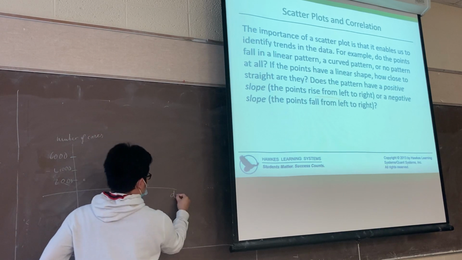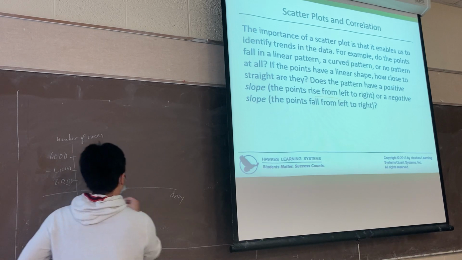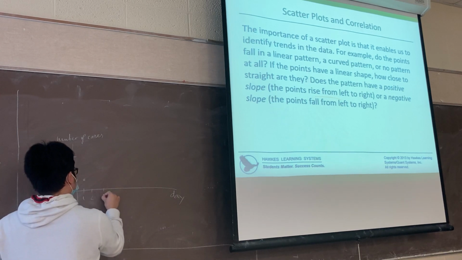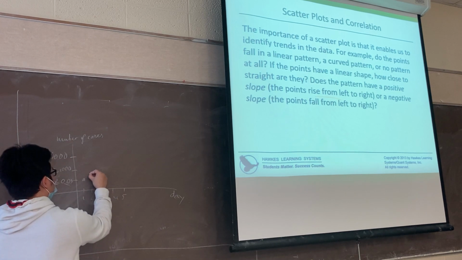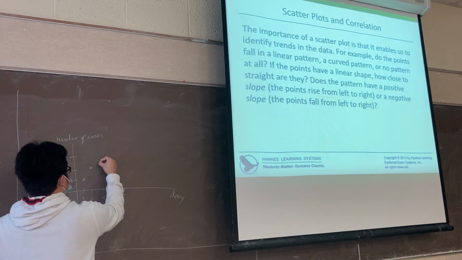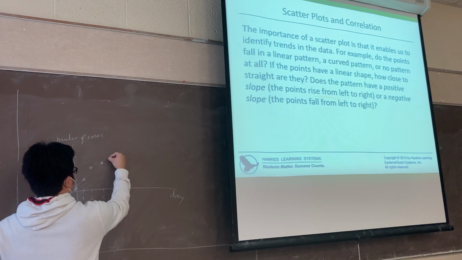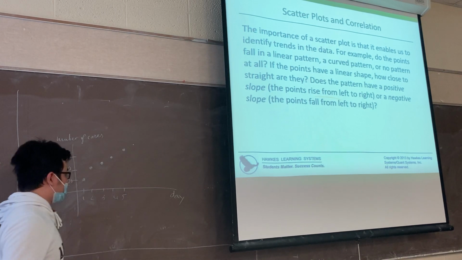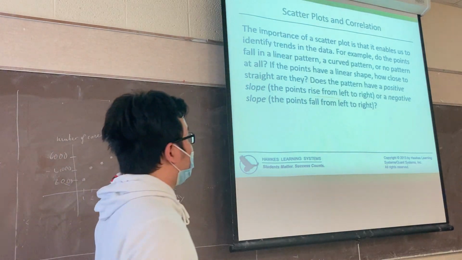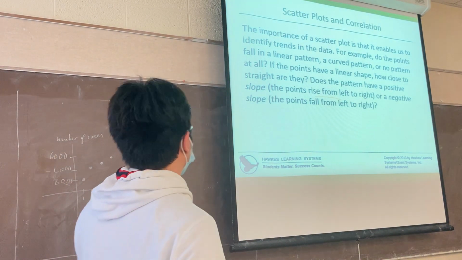And this is day, something like this. It's 1, 2, 3, 4, 5, something. So day 1 is 2000, day 2 is 4000, 4000 here, and something like this. So we can guess the change here.